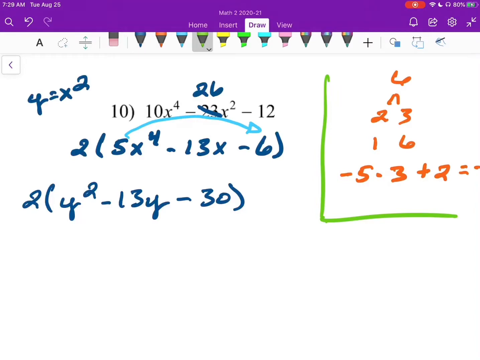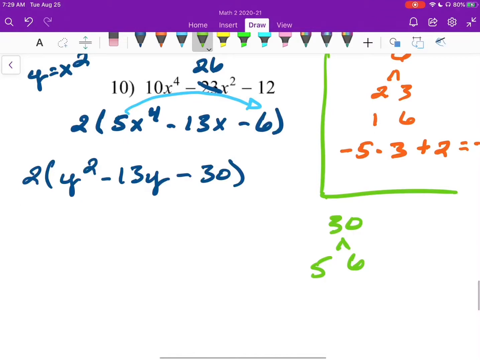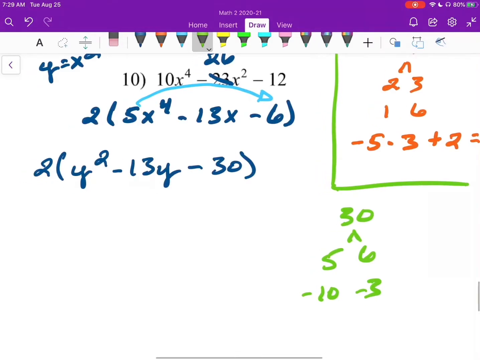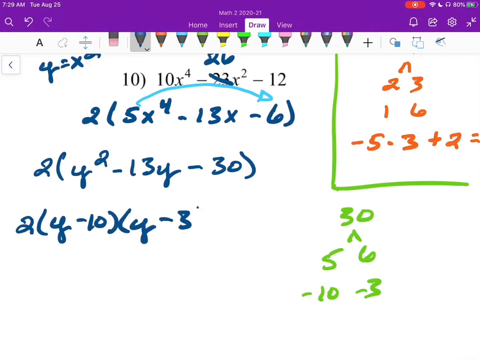I can split up 30 into 5 and 6. And I'm thinking 5 plus 6. Nope, it isn't. How about 10 and 3? There we are. A negative 10 and a negative 3 gives me negative 13. So I'm going to have 2 times y minus 10, y minus 3.